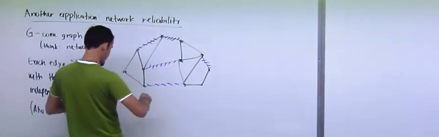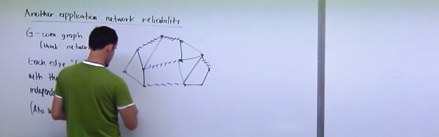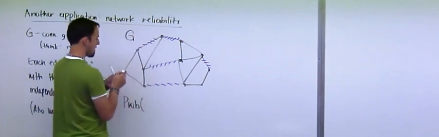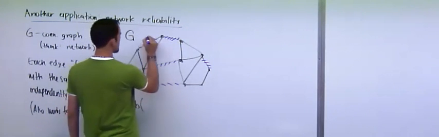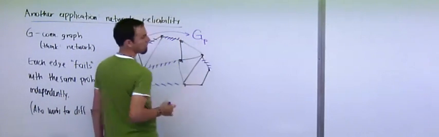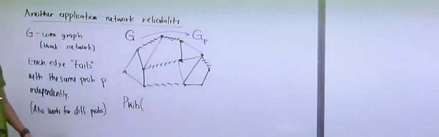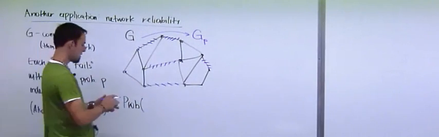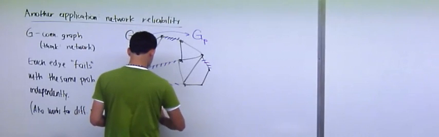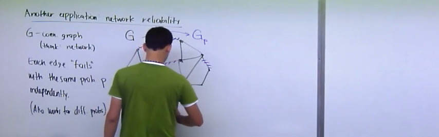What is the probability? Let's say that we started with G, and then we got to G sub P, which is this random graph where each edge failed with probability P. What is the probability that G sub P is connected?